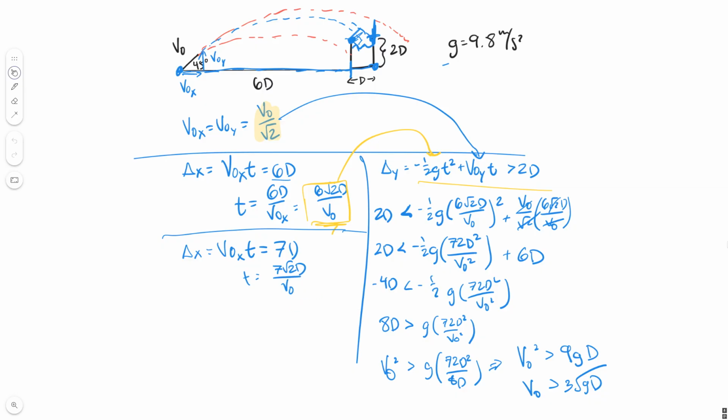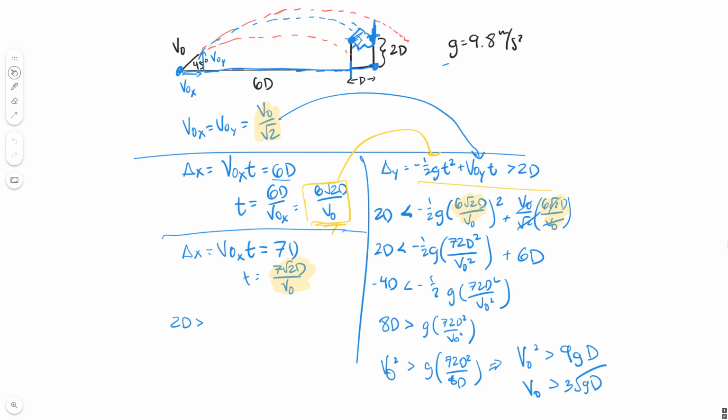You can see it's pretty much going to be the same idea. I just need to substitute this where I substituted this, so I can maybe simplify things. We need our height to be less than 2d this time.